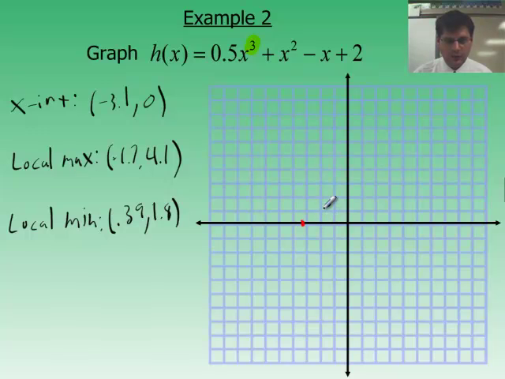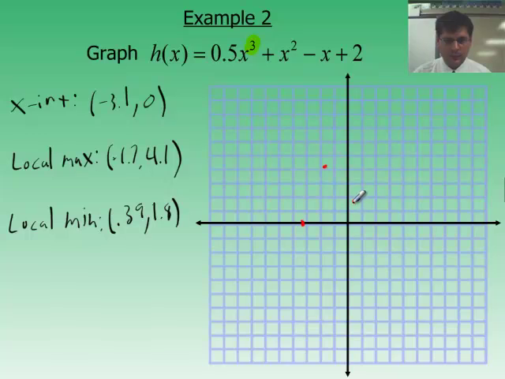And then 4.1, 1, 2, 3, 4, so just a shade above 4. So that looks like a good point. And the local minimum would be 0.39, so a little bit left of 0.5, and then 1.8, so that'll just be a little bit below 2.